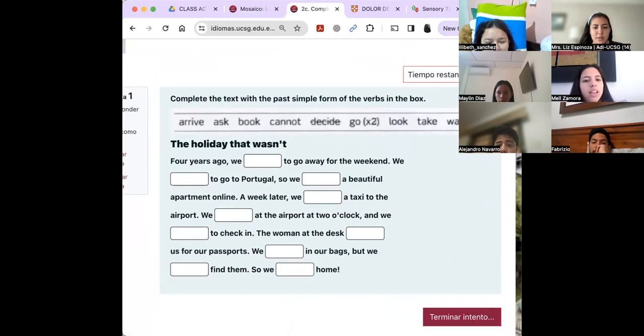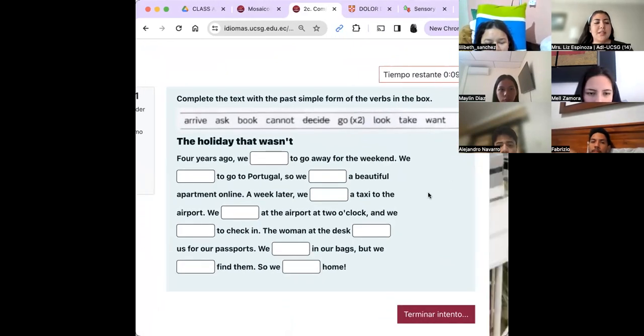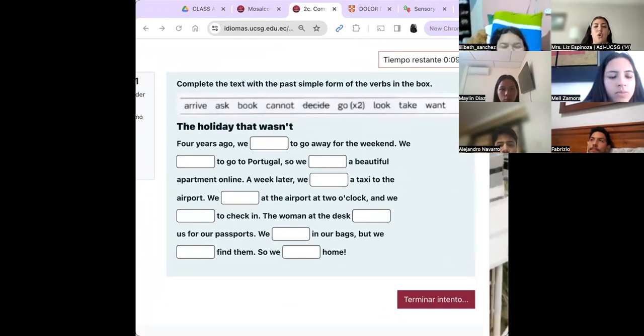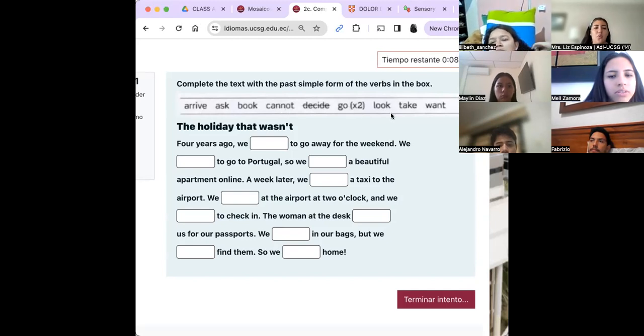Okay, you have a minute to read the text by yourself. All right, so it says: the holiday that was not. Four years ago, we to go away for the weekend. The verbs are: arrive, book, cannot, decide, go, look, take, want.